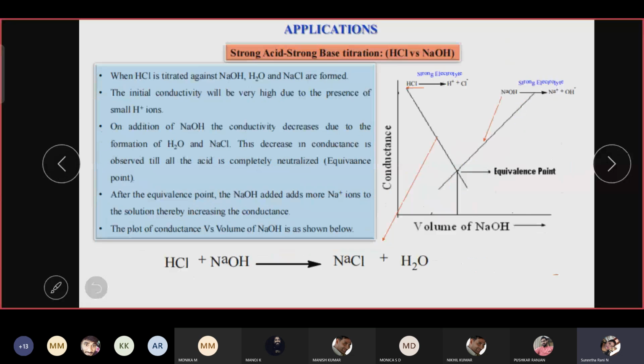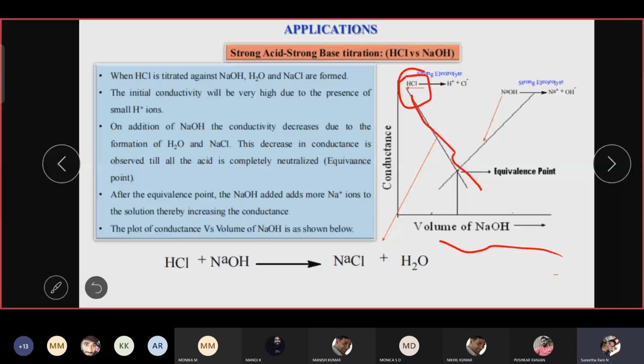I'll just explain. Here, HCl is a strong acid and NaOH is a strong base. As you keep adding the NaOH solution to the acid, what happens? The H+ ions of HCl initially show high conductance, and slowly it decreases as you keep adding NaOH.